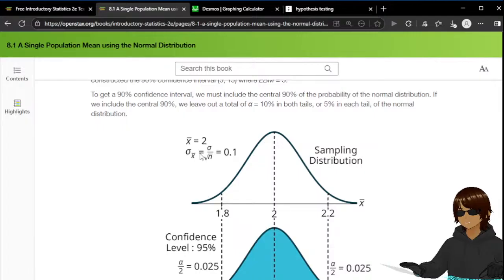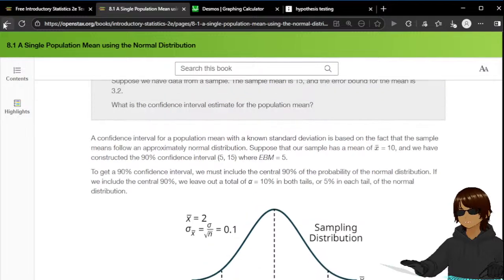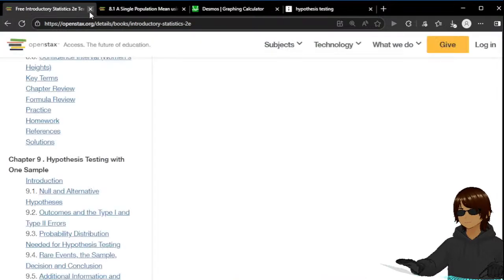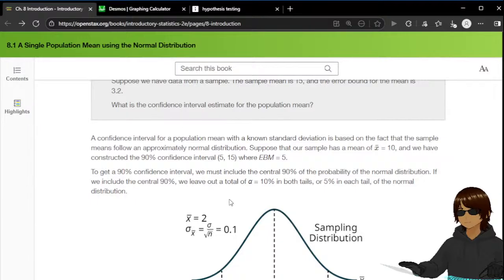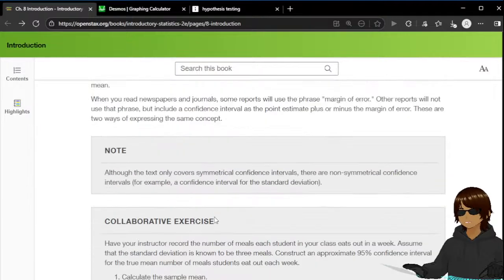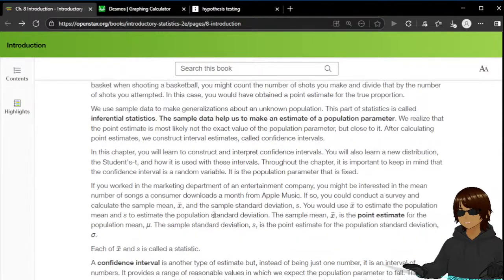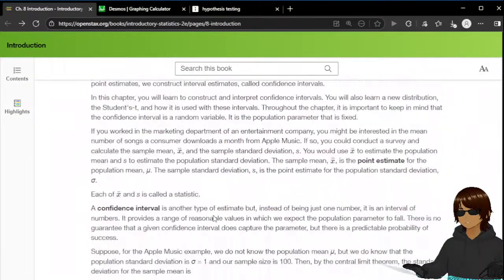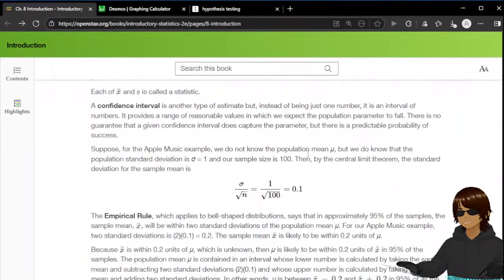What is the sample mean, right? Wait, sigma is, hold on. Sigma is the population standard deviation.